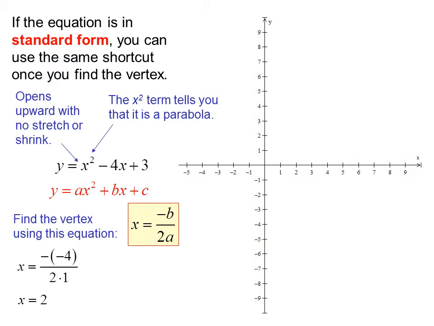We have the x coordinate for the vertex. We put the x value back into the original equation to get the y coordinate. So we have y equals 2 squared minus 4 times 2 plus 3, which would be 4 minus 8, which is negative 4, plus 3, or negative 1. So our vertex is at 2, negative 1.